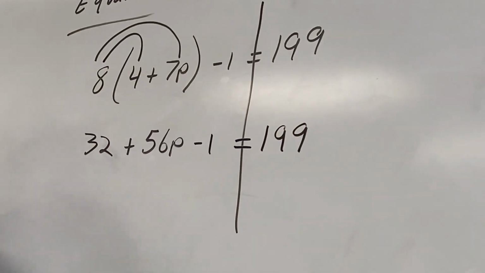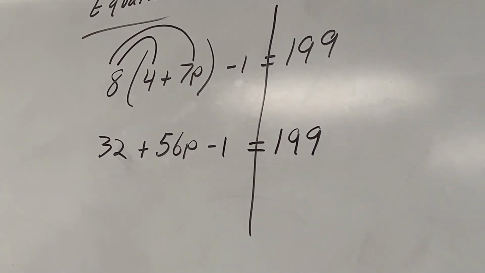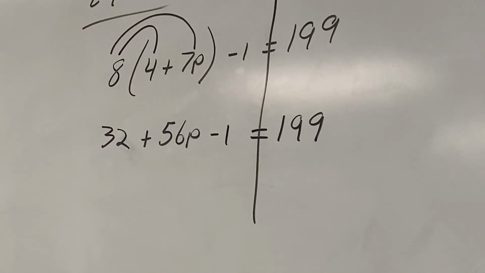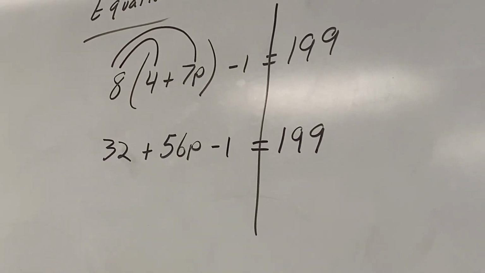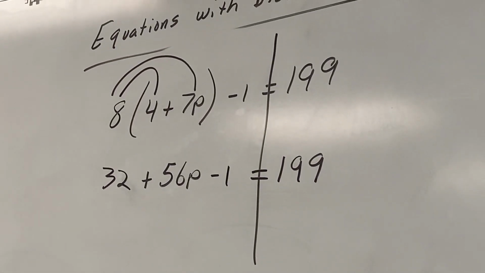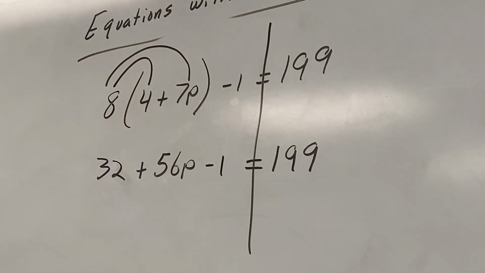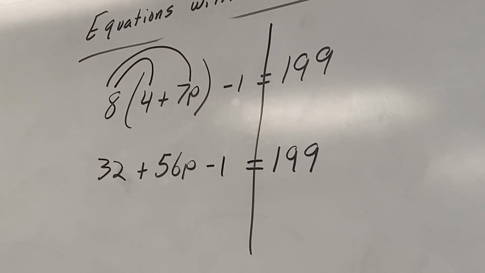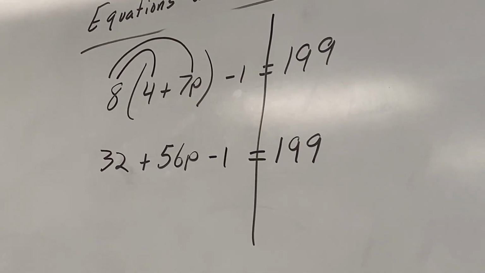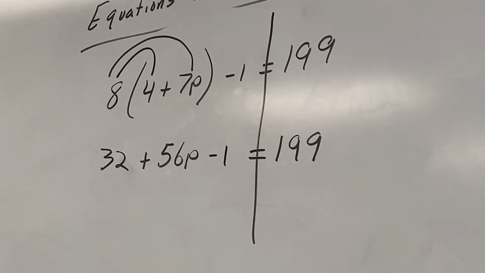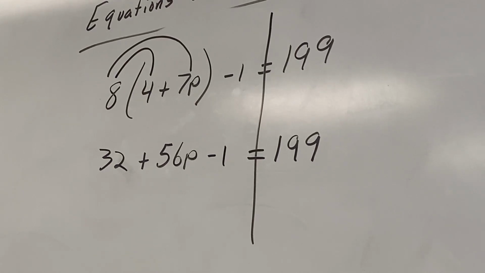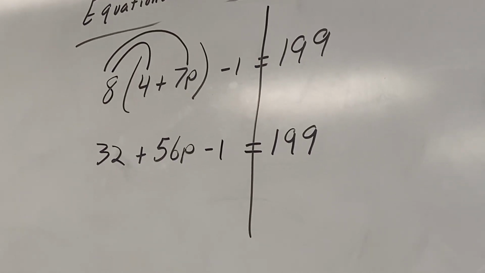All right, can anybody tell me what I need to do next? I'll give you a hint. Oh, Clover, what are you thinking? Subtract 32. I could, but I'm going to do something before I do that. Perla. The 32 and the 1. Good.